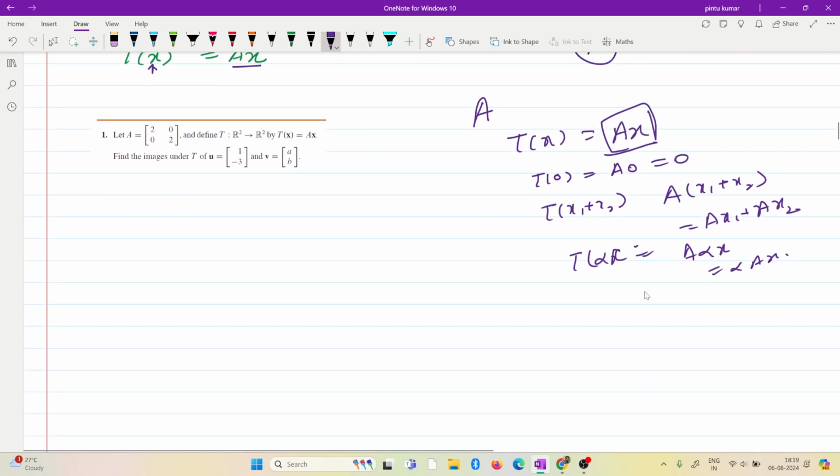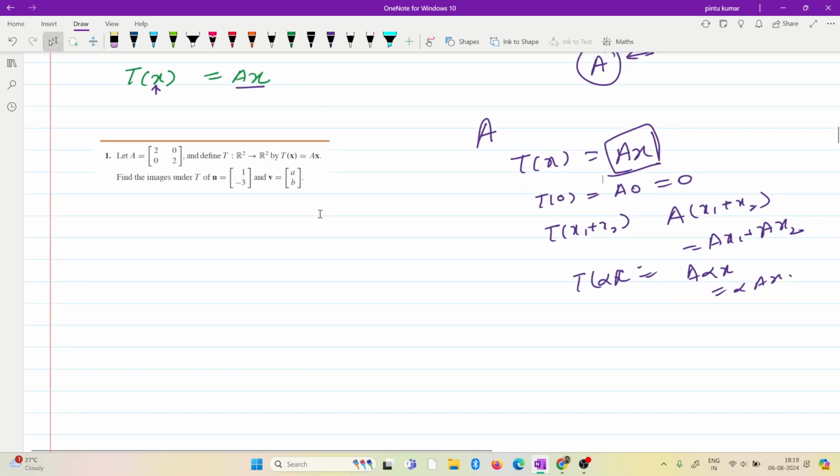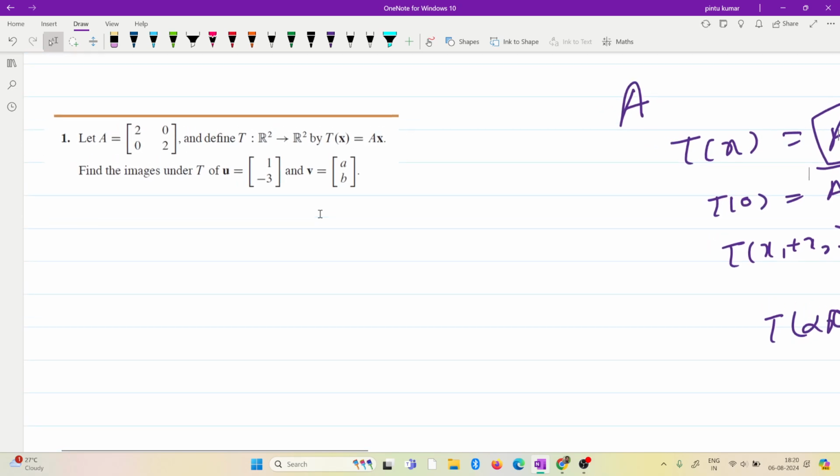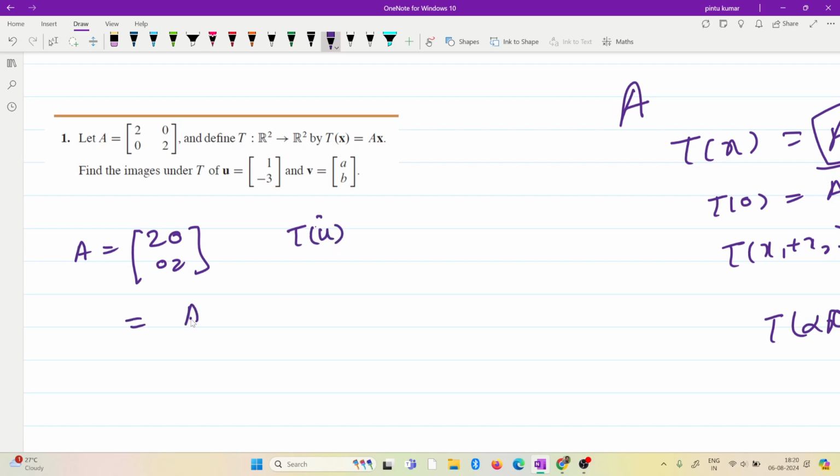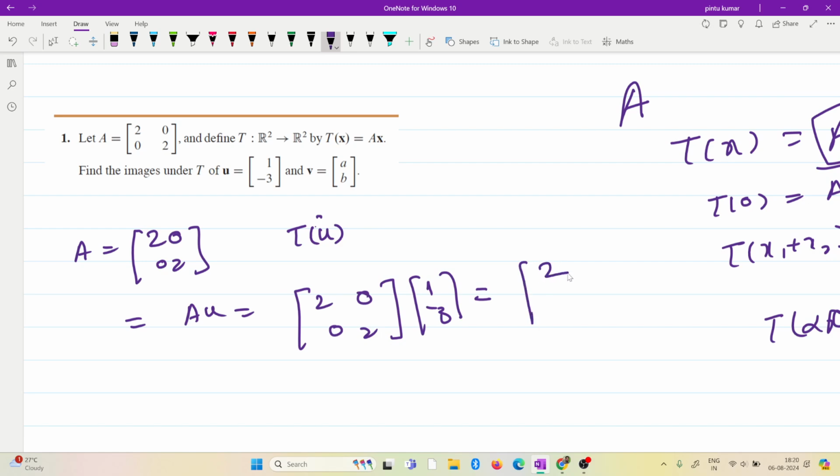Okay. So let's try to solve an example. Let's say A is given by [[2, 0], [0, 2]], and you want to find T of u. This is nothing but A times u, which is [[2, 0], [0, 2]] times (1, -3). This would be (2, -6), right?